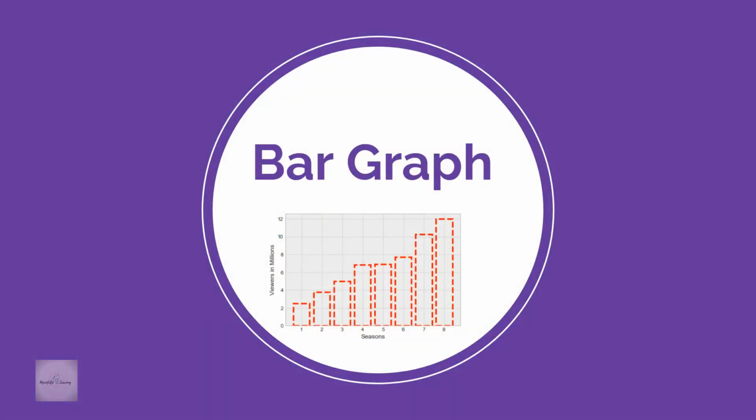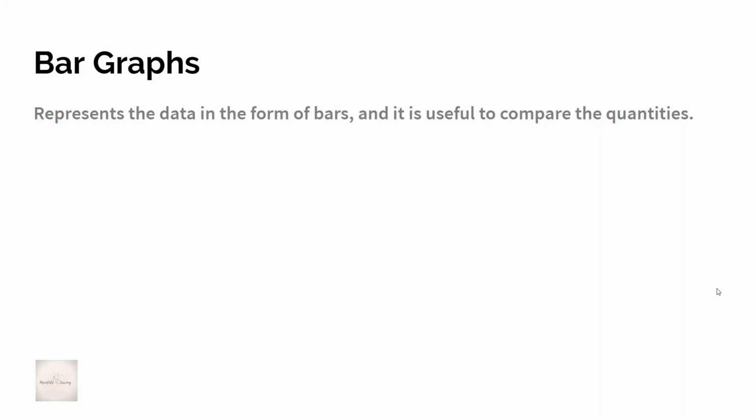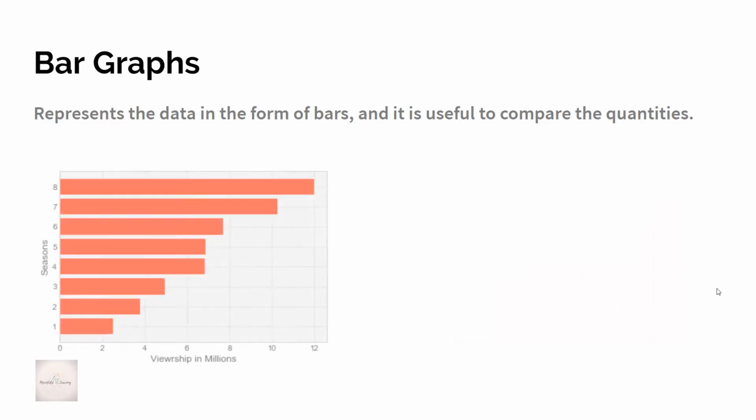When the data is shown in the form of pictures, it becomes very easy for us to understand it. So, in the path of data visualization, we have learned two types of plot: one is the line plot and the other is the scatter plot. Now, the next plot we will be exploring is the bar graph or bar plot. This bar graph represents data in the form of vertical or horizontal bars, and it is very useful to compare quantities.